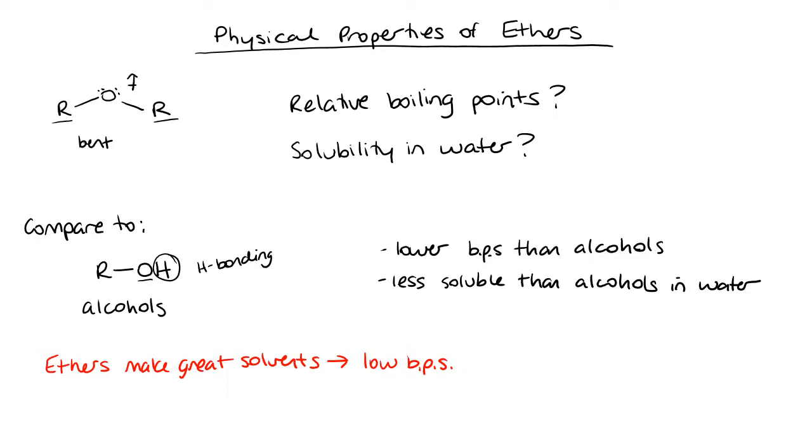And because they have a lower solubility in water, it means that they're more nonpolar, and that means that they can dissolve most organic molecules. So ethers are actually very useful in the lab.